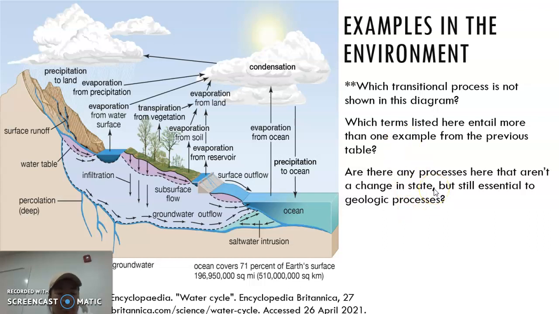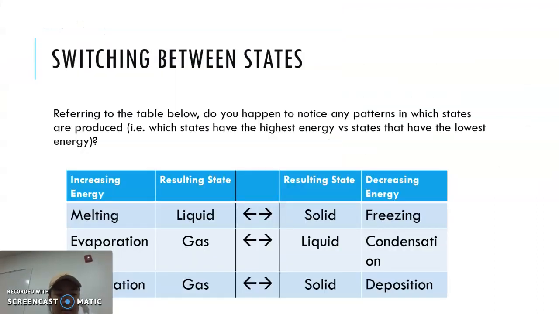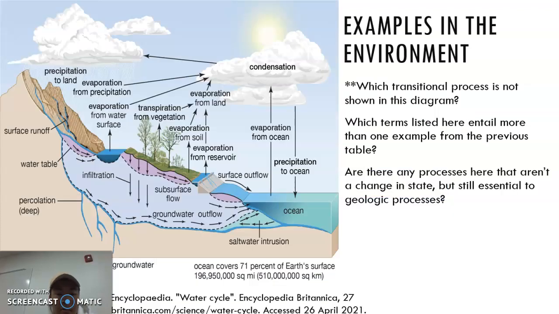You'll also notice that there are a couple of terms here and there that don't necessarily involve processes from this last table and don't highlight a change in state, or they're just an alternative term for that specific change in state.